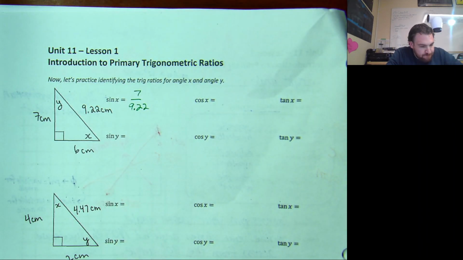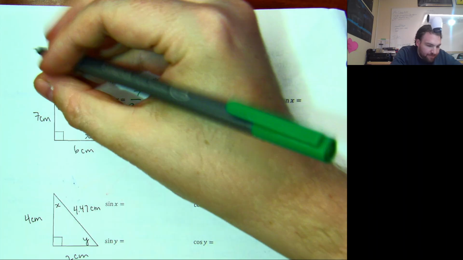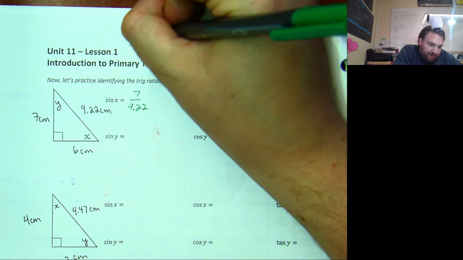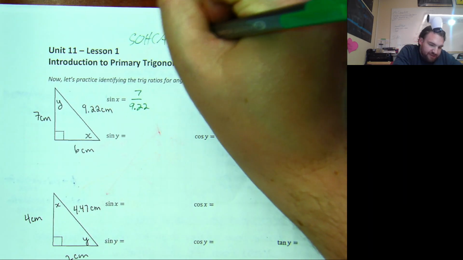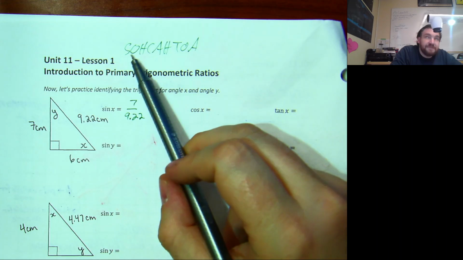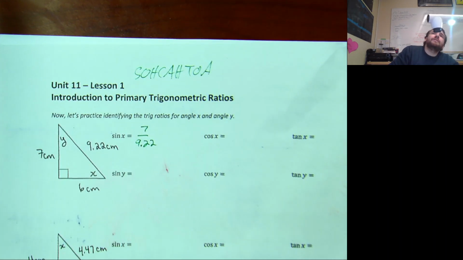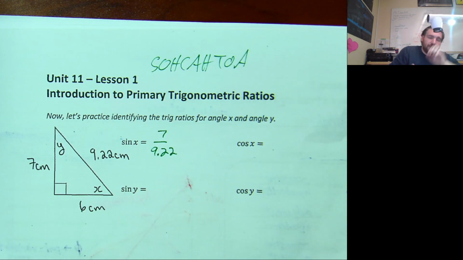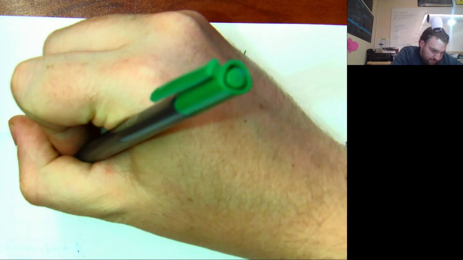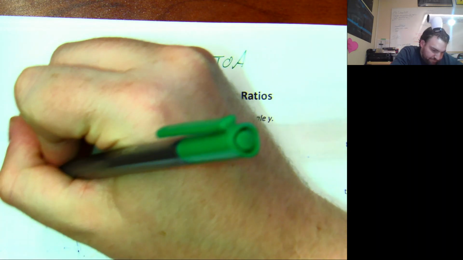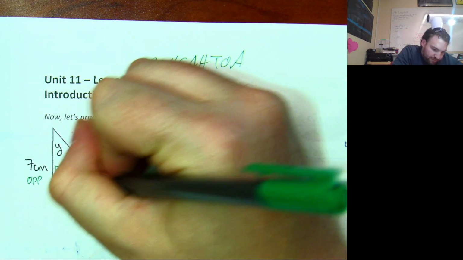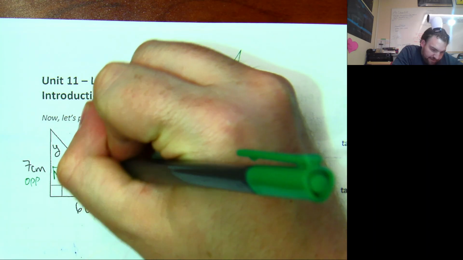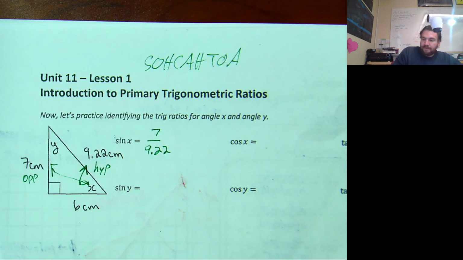So for sine, it's O over H. Let me write it down at the top so we can reference it again. SOHCAHTOA. Sine is opposite over hypotenuse. The opposite from the x is 7, and the hypotenuse is 9.22. So it's 7 over 9.22. Cool.